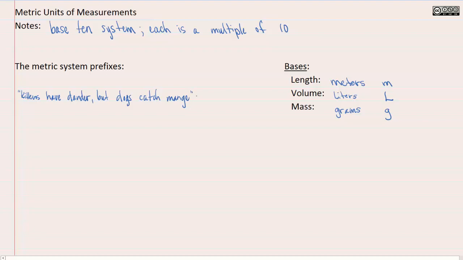The first letter of each word is the first letter of each of the prefixes. So, the first letter of kittens is K, have is H, dander is A, B is base, dogs is D, catch is C, and mange is M.